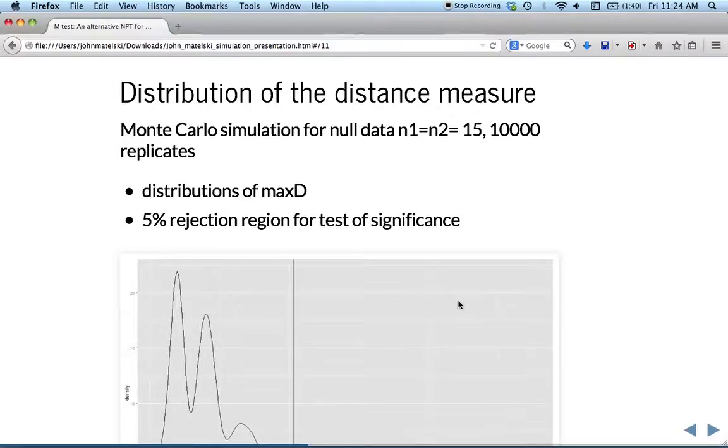So with this in hand, we can take any two data vectors from any DGPs and ask whether the pooled data form an IID sample by comparing it to a distribution such as this, but generated for the sample sizes in question.